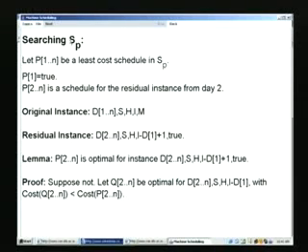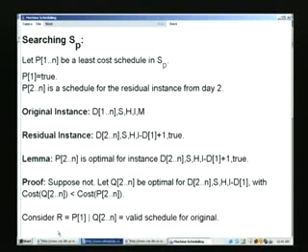But now let's consider this schedule R, where R follows P on the first day, or in other words, R is true on the first day, and on the remaining days it follows Q. Clearly, this is a valid solution for the original instance. Why? Because on the first day we produced, and then we were left with this instance, and that's what Q took care of.